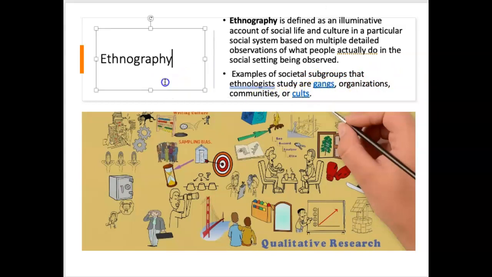So it's the idea that you have to actually understand the meanings that these groups attach to their lives and to their actions. That's the ethnographic study idea, that the researcher will see the world through the eyes of the subjects that they are studying.